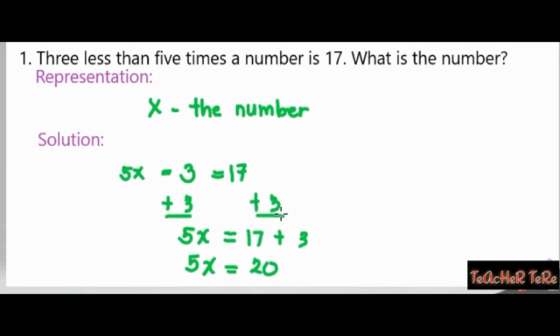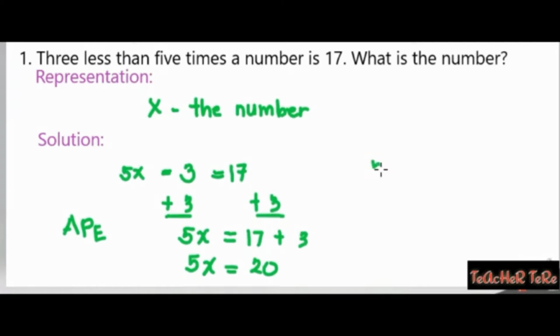We added a number on the left side and we added the same number on the right side. What we call that one is addition property of equality. When we subtract, it will be subtraction property of equality. But shortcut, they call it transpose, or ibig sabihin lumipat yung number sa kabilang side.